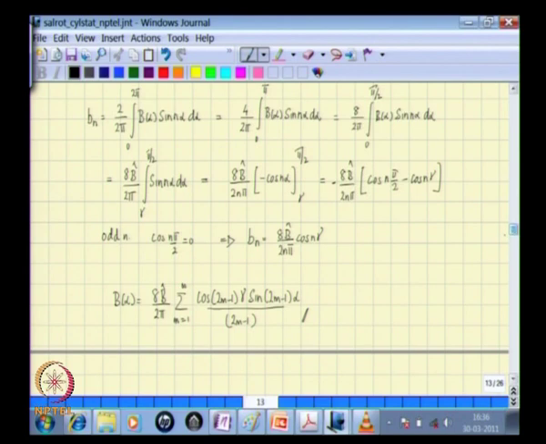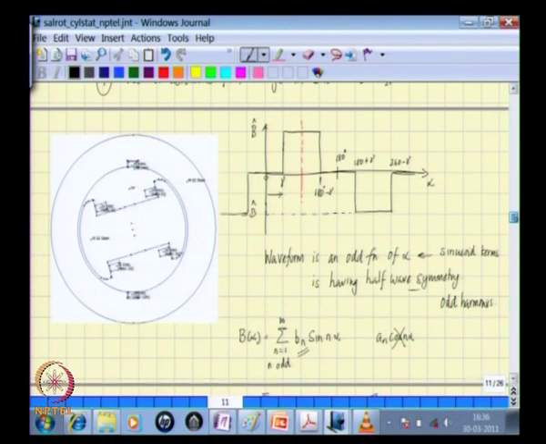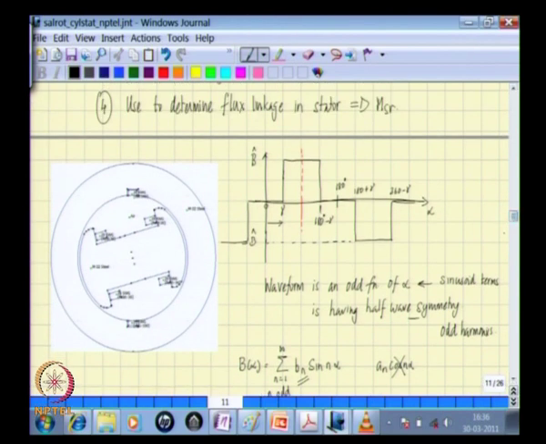Now, this expression is valid for this waveform in the sense this waveform is drawn for the case where the rotor, as is drawn, is in the horizontal angular position.